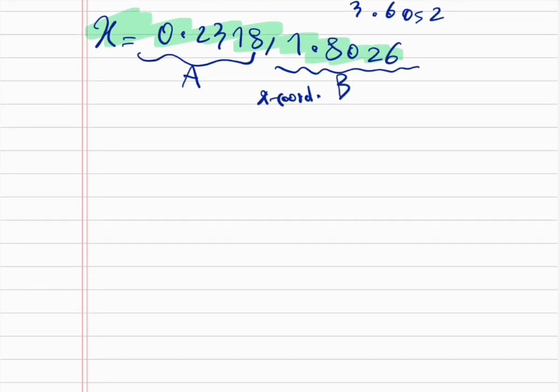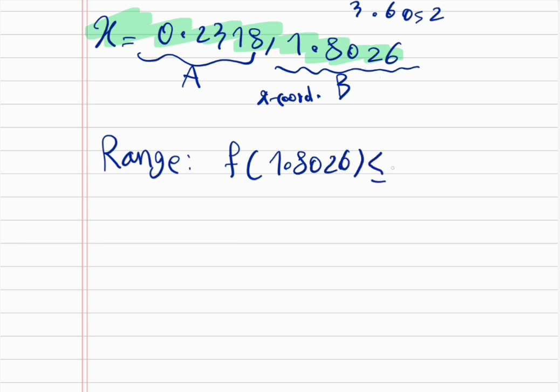So what we are going to do now is write that the range of the function is between f of 1.8026, which just means the y coordinate of point B, and f of pi, the y coordinate of the highest possible point in this case.